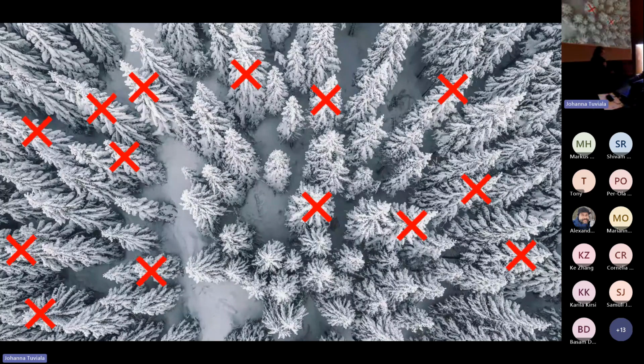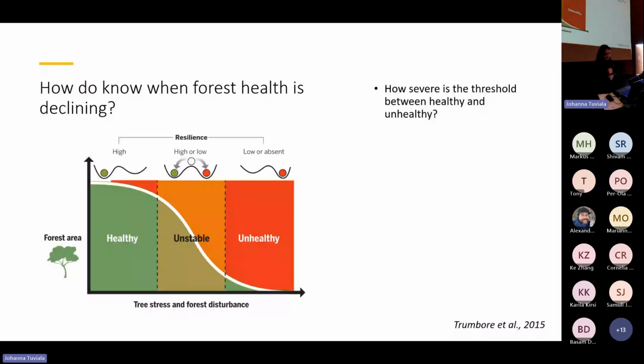It's kind of hard to figure out when a forest is particularly declining and how severe the threshold is between a healthy forest and an unhealthy forest. With a lot of forest health studies, it's more like we're doing a post-mortem rather than a checkup. Often we're focused in this unhealthy region and it's too late to do anything about it.